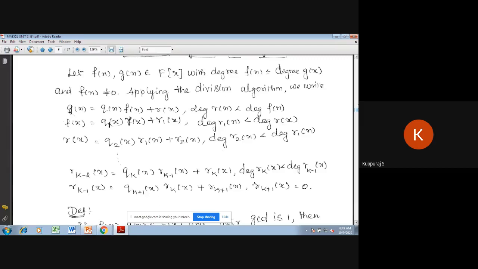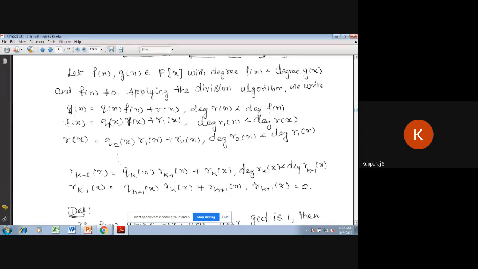Now again, r of x becomes the dividend and r1 of x becomes the divisor. So when r of x is divided by r1 of x, you can get the quotient as q2 of x and remainder as r2 of x, where degree of r2 of x is less than degree of r1 of x. Okay.